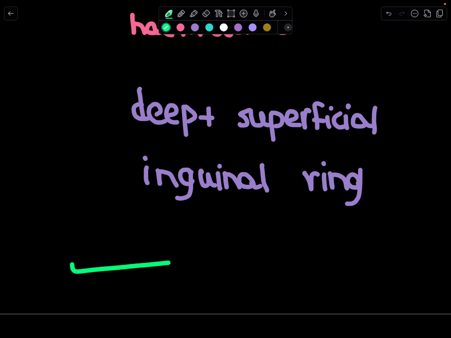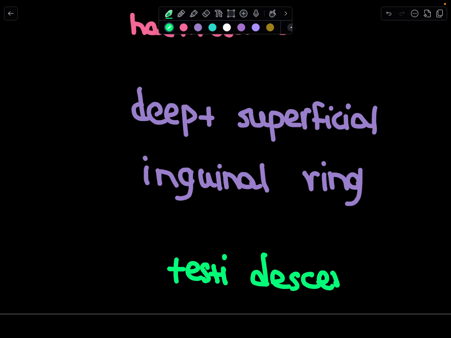Let me clarify the testicular descent and the inguinal rings. During fetal development, around the 7th month, the testes move from the abdomen through the inguinal canal to the scrotum, pulled by a structure called the gubernaculum, and this happens before birth, so the balls don't move through at birth itself.